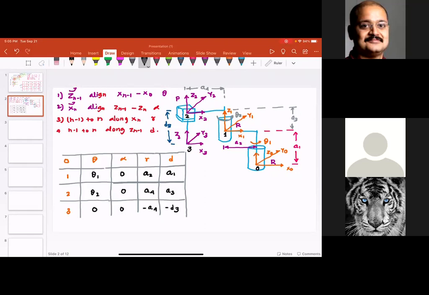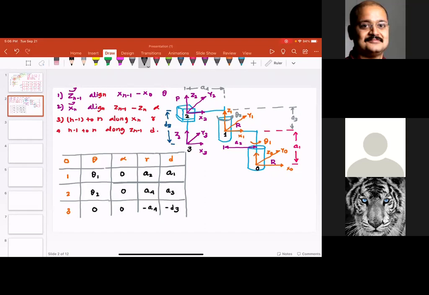Same logic applies to alpha. Rotation about X2 so that Z1 gets aligned with Z2. That is already aligned, so 0.